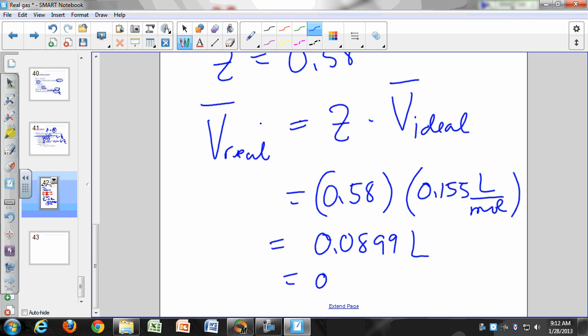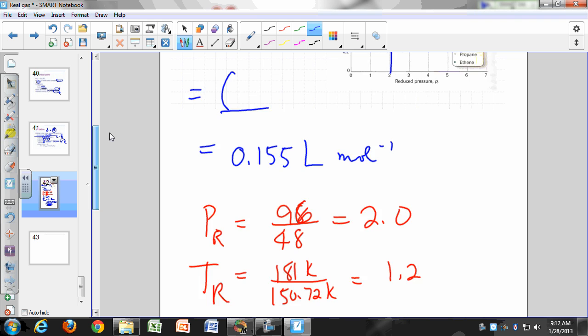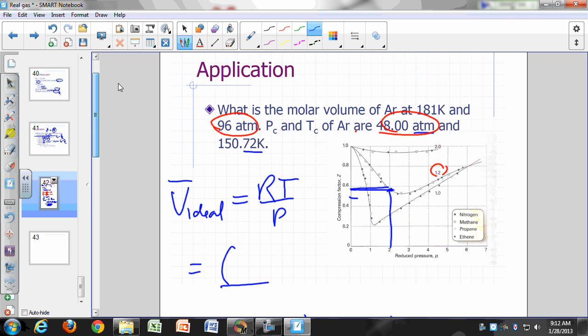So 0.090 liters, right? So it's smaller than what it should be. It occupies a smaller volume than what it should. And so how do you account for that deviation from ideal behavior? What happened at the molecular level? You have attractive forces keeping those molecules closer together, as opposed to the ideal case where they just ignore each other. Okay?